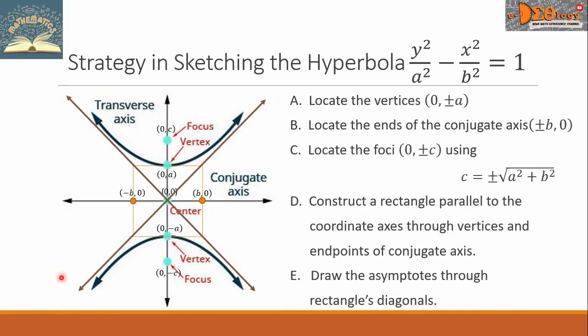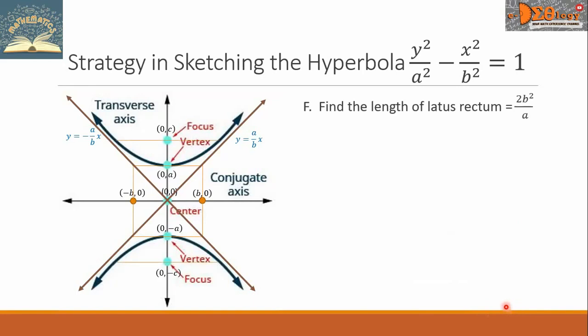Here are the two asymptotes. The equations are y equals plus or minus a over b times x. In step F, find the length of latus rectum by this formula, 2b squared over a.